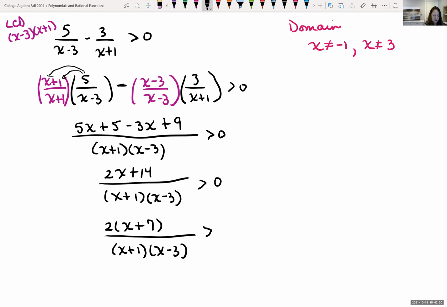Those are part of our critical numbers. And then what sets it equal to 0? What sets it equal to 0 is when our numerator is 0, and our numerator equals 0 at x equals -7. So our critical numbers that we're going to place on the number line are -7, -1, and 3.